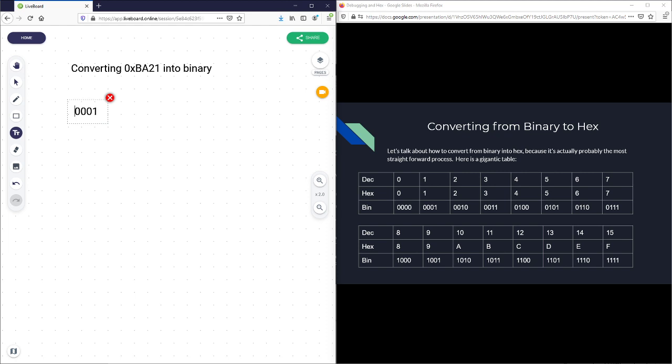So we need to have 4 bits in order to represent the whole thing. For the 2, we just copy the next thing, so 0010. For A, we copy out of here, so we get 1010. And for B, we copy again, we get 1011. And so that is the conversion.